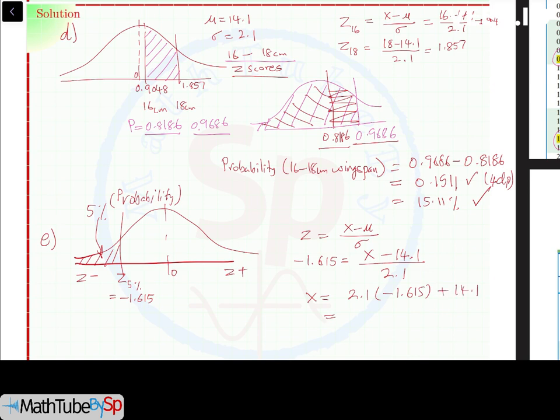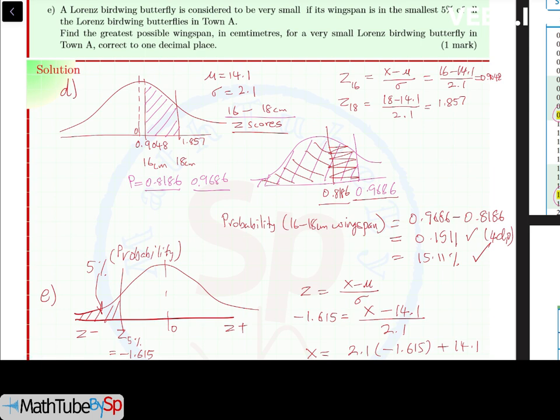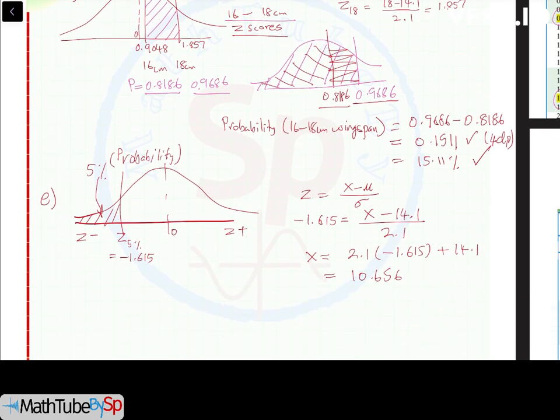From the calculator, my x works out to approximately 10.656. Now they're asking us to find the butterfly wingspan correct to 1 decimal place, which will be 10.7 centimeters.